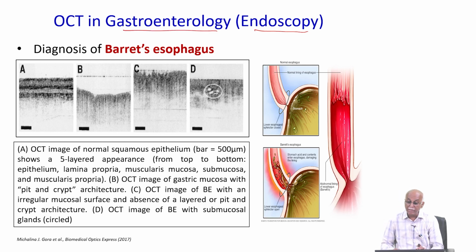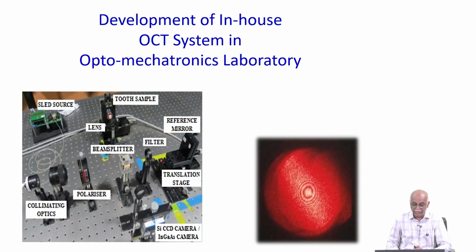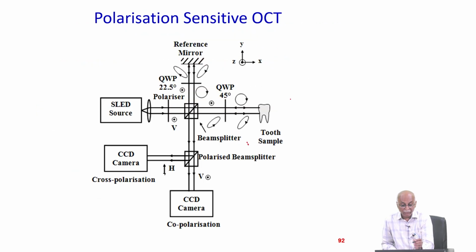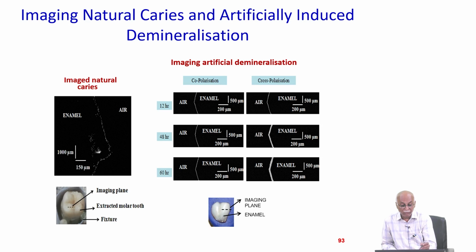So, you can imagine that OCT has multiple applications in different ways, and of course, this is just an example. In our laboratory also we had done and estimated the enamel layer, etc. We also did some experiments with caries, some small amount of caries within the enamel, which starts forming and becomes a cavity afterwards.